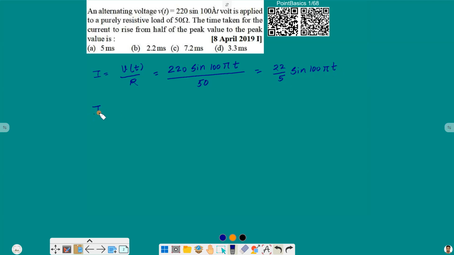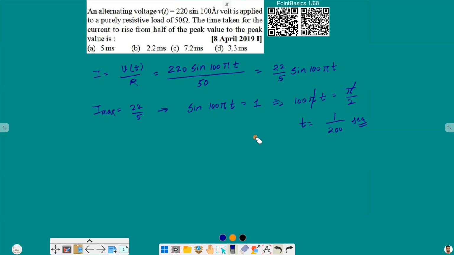So max value of current is equal to 22 by 5 here, and it will be when this whole term is equal to 1. So for us to have a maximum value of the current, sine 100 pi t should be equal to 1, or 100 pi t should be equal to 90 degrees or pi by 2 radian, and from this time is equal to 1 by 200 second.